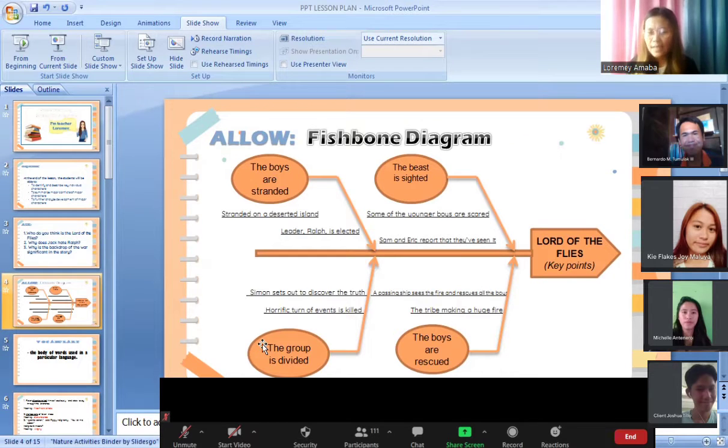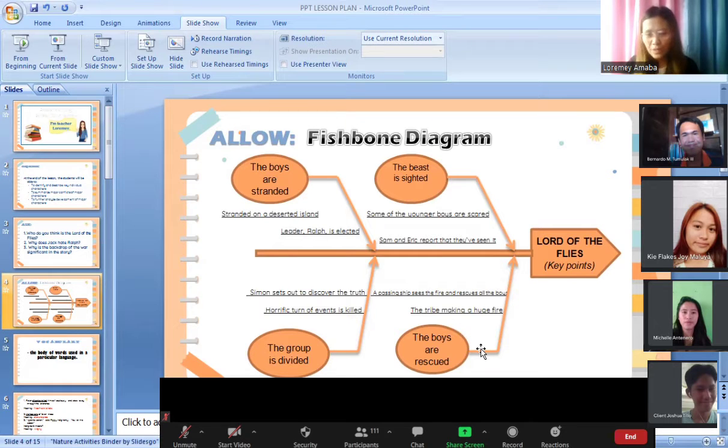What happened here is Simon sets out to discover the truth about the beast, but in a horrific turn of events is killed by the others. The last circle is the boys are rescued.